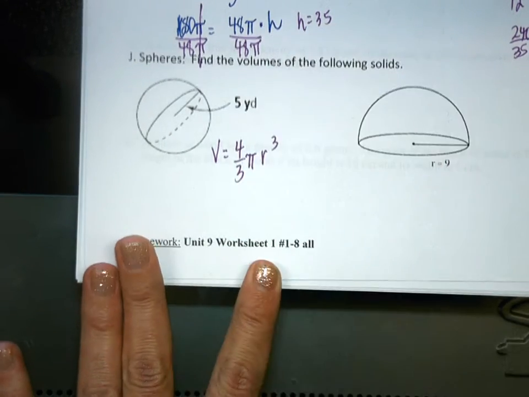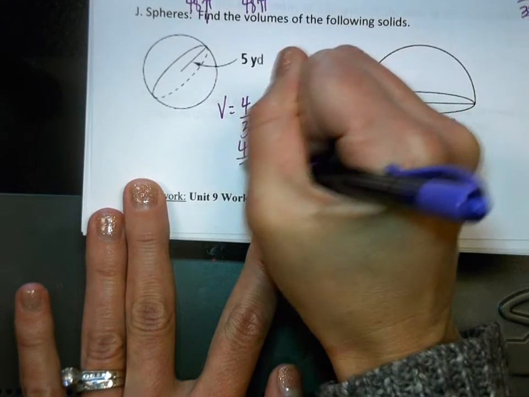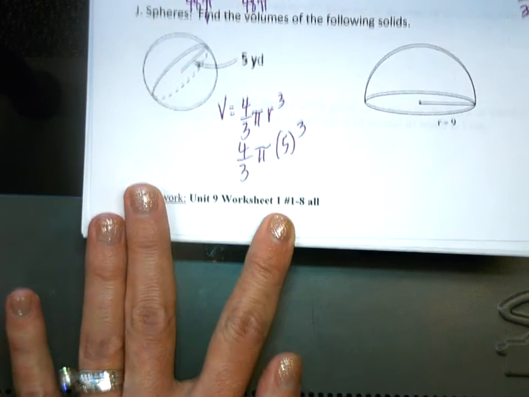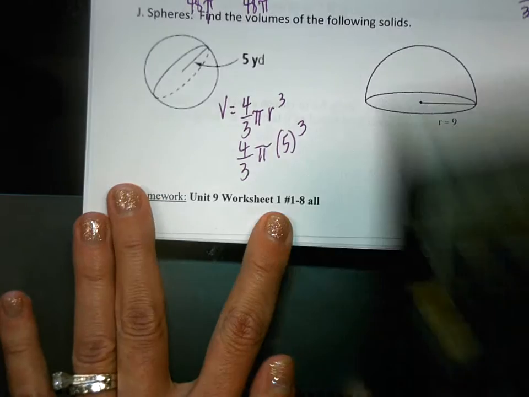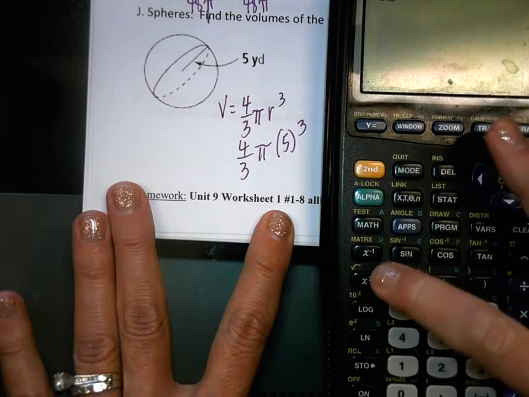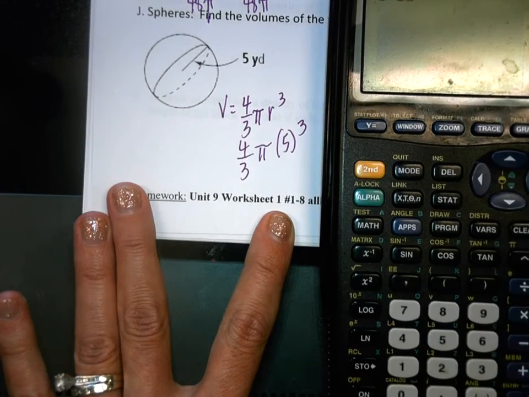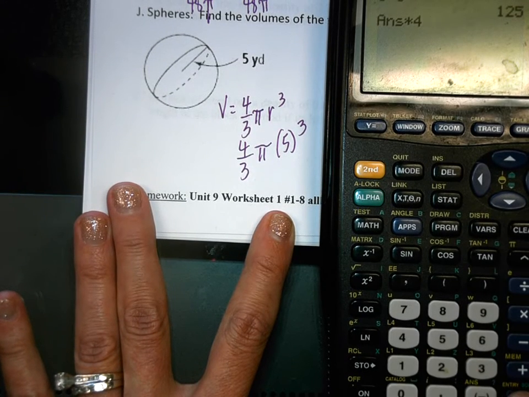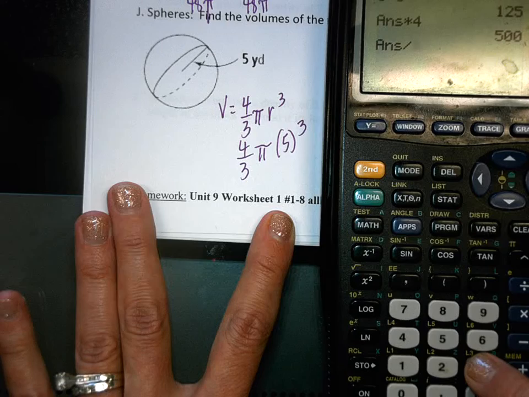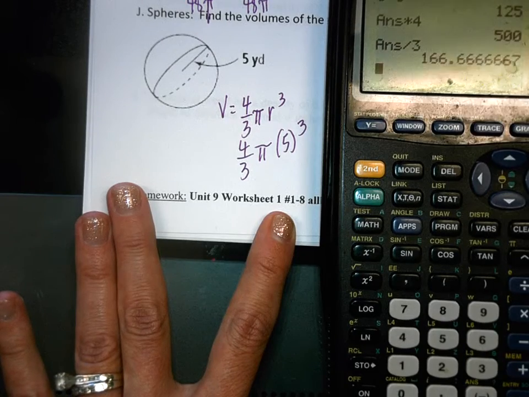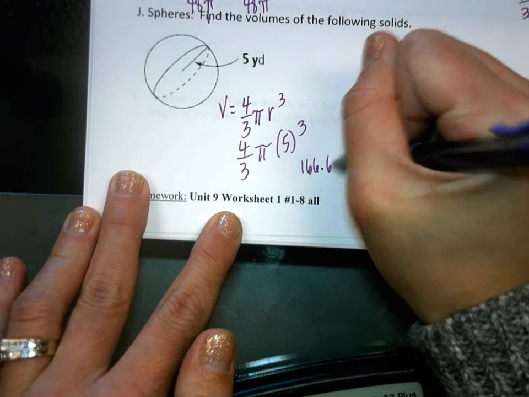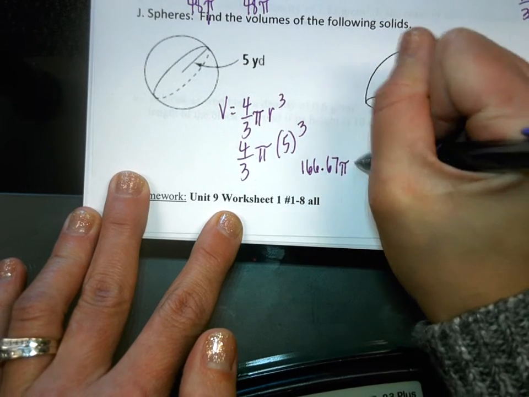Okay, so 4/3 pi, and this would be 5 cubed. In your calculator, you want to do 5 cubed first. And then I'm going to multiply that by 4, and then we can go ahead and divide that by 3, and we will call that 166.67 pi yards cubed.